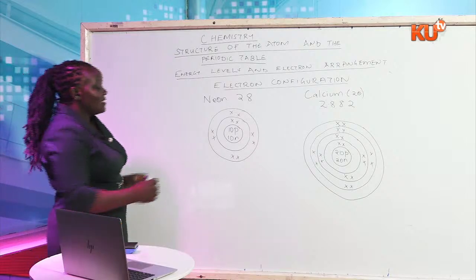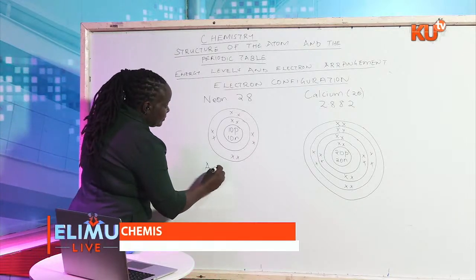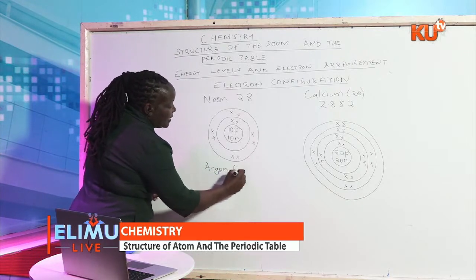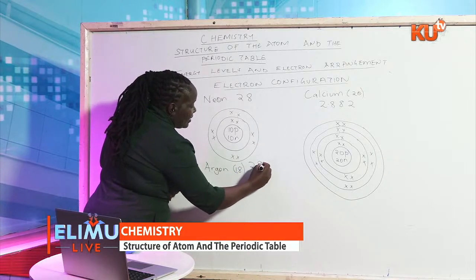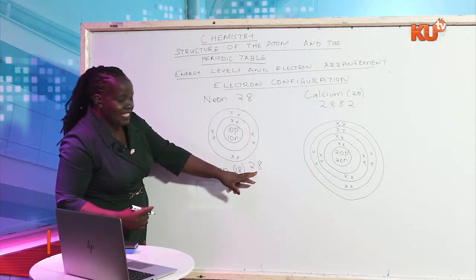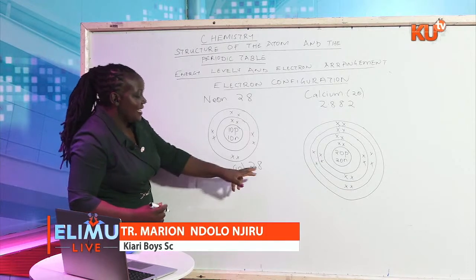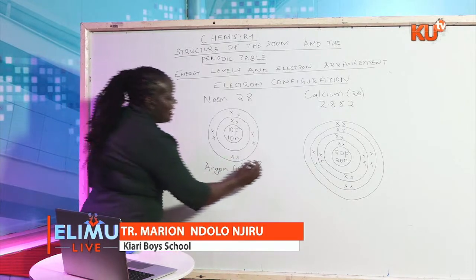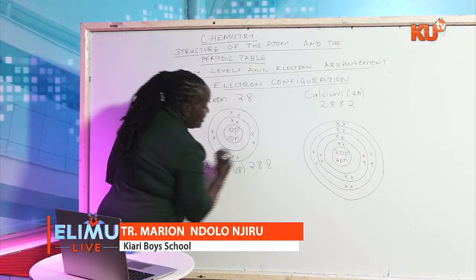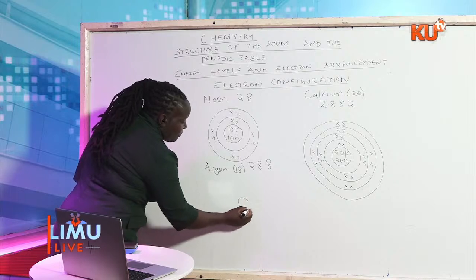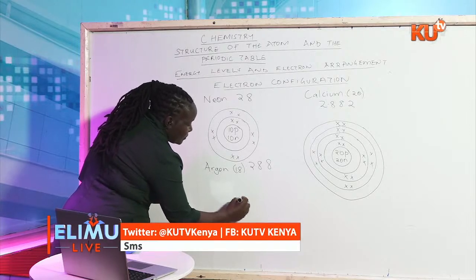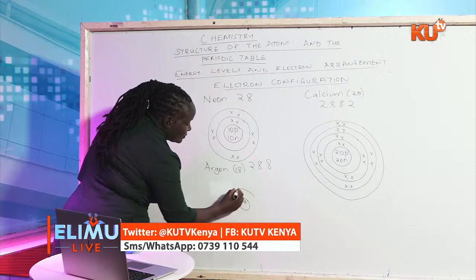The next one is argon. Argon is atomic number 18, electron configuration 2, 8, 8, because we have the first energy level with 2 electrons, then the next energy level will have 8, and the third will have 8. So the electron arrangement will be, we'll have 18 protons.